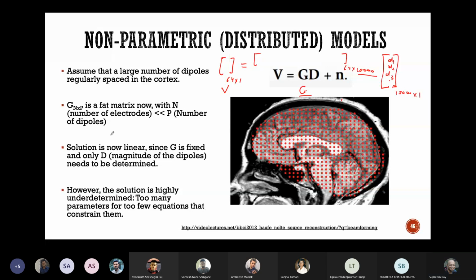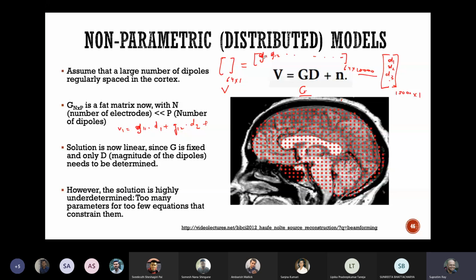V1 is equal to G11 multiplied by D1 plus G12 multiplied by D2, and so on.